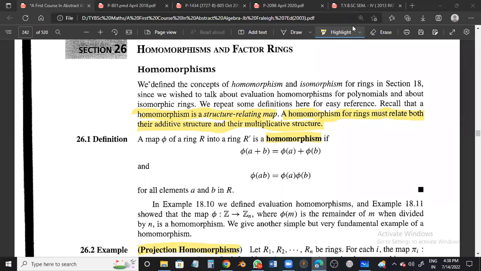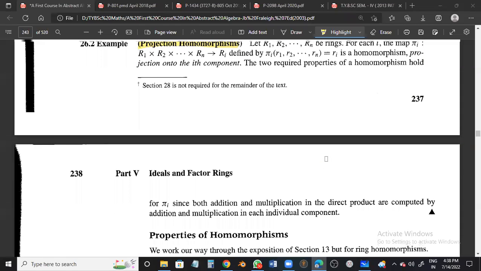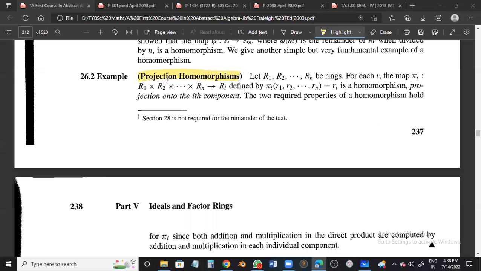Yes, ma'am. Okay. So we talked about what projection is. Projection is just taking that particular component, keeping the rest as they are. So if I talk about pi 2 operated on R1, comma R2, comma and so on up to Rn, what will be the output?